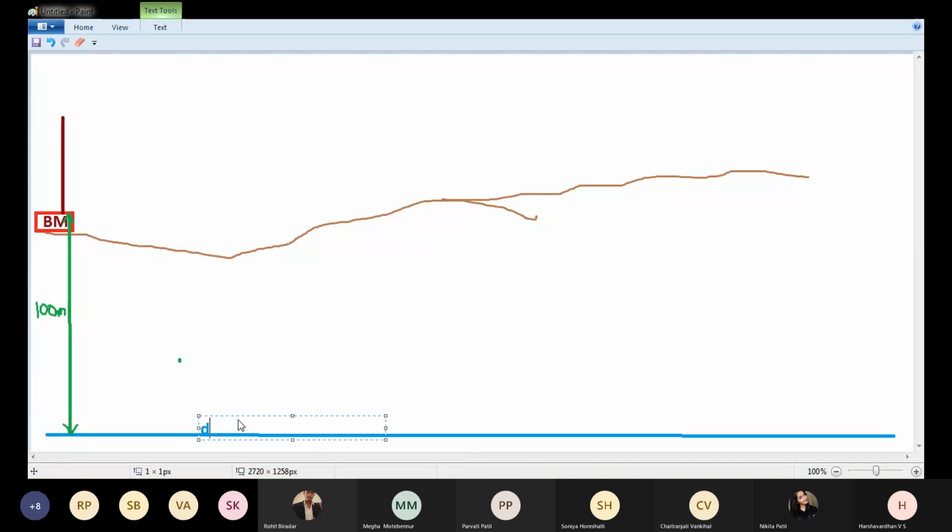This blue line is datum. So the benchmark is at a vertical distance, or at an elevation, of 100 meters from the datum.